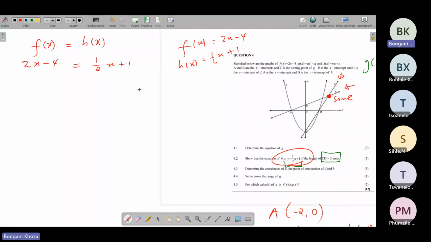Then from here, I'm just going to solve for x. So I have 2x minus 1 over 2x equals 1 plus 4. This is supposed to give me, let me see, I think this is 5 over 2x equals 5. I'm trying to get rid of this 5 over 2, so I can multiply by 2 over 5 both sides. I end up with x equals 2 over here. Let's see, is that even correct?